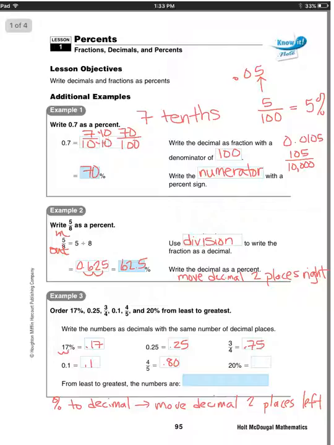And then 20%, the decimal's at the end, so we move it over twice, and we get 0.20. Now, all of those go out 2 decimal places except 0.1, so we're going to just throw a 0 at the end of that.